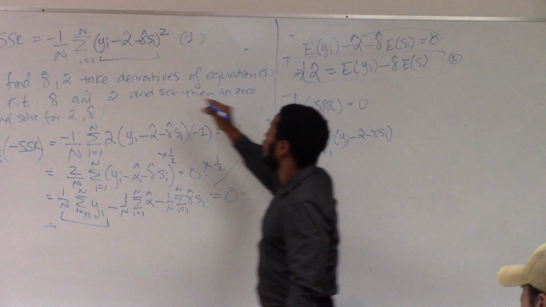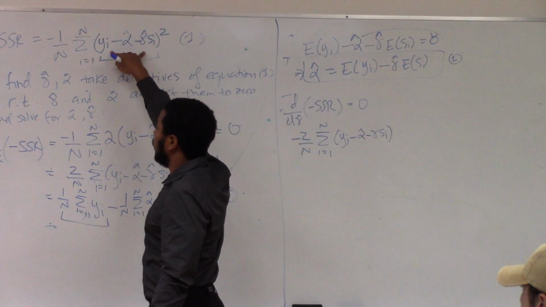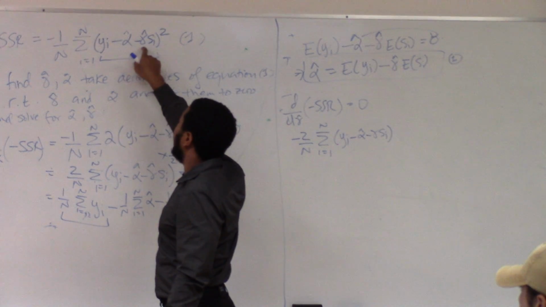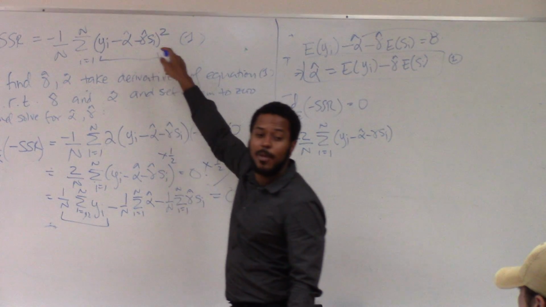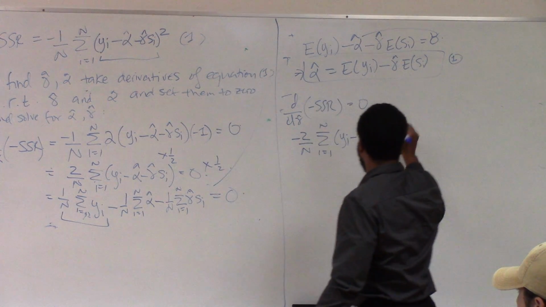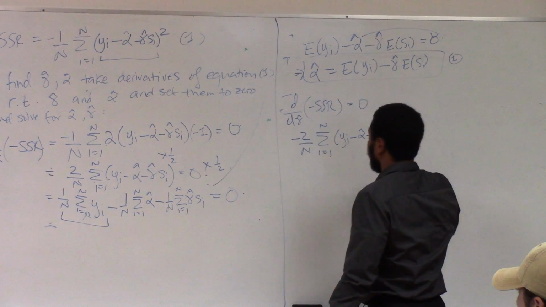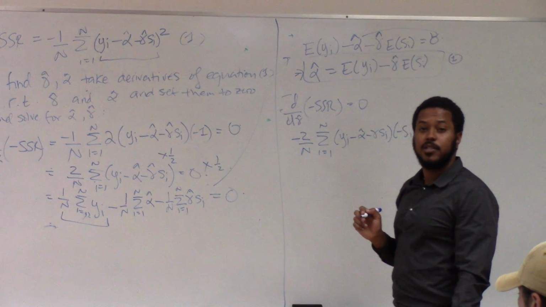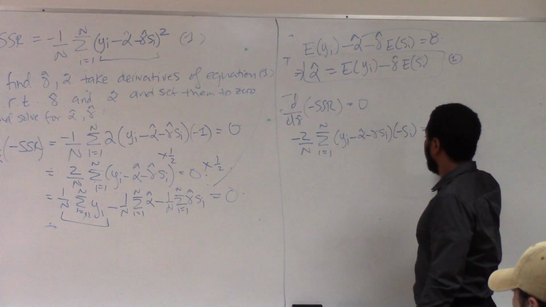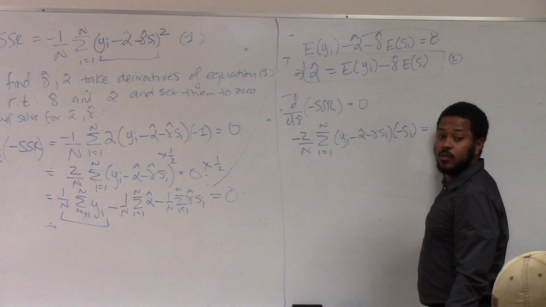And then we can take the derivative of this internal piece here with respect to gamma hat. What's the derivative of yi minus alpha hat minus gamma hat si with respect to gamma hat? Negative si. Exactly. Are there any questions so far? And we're going to set that equal to what? 0, right?